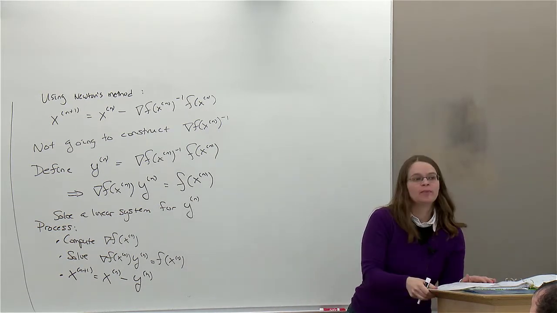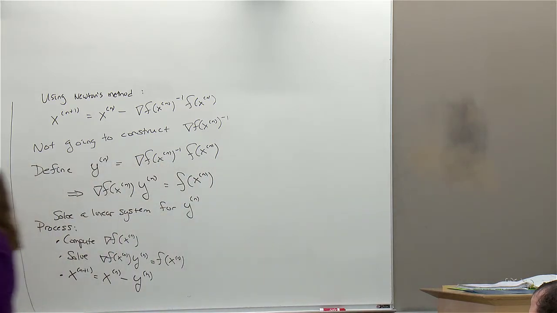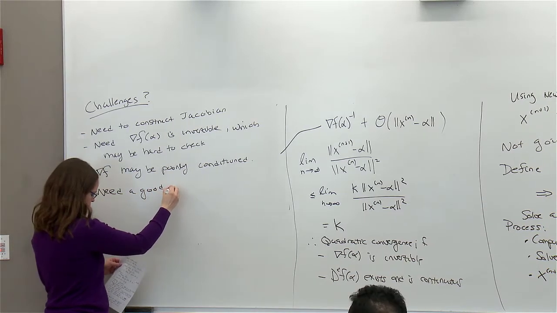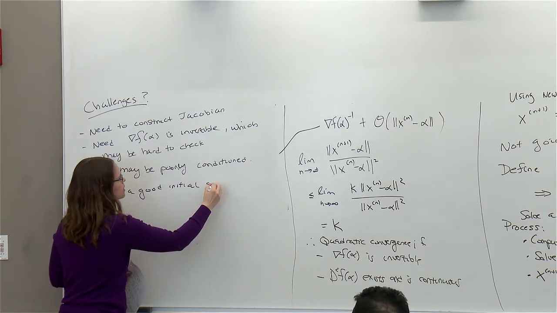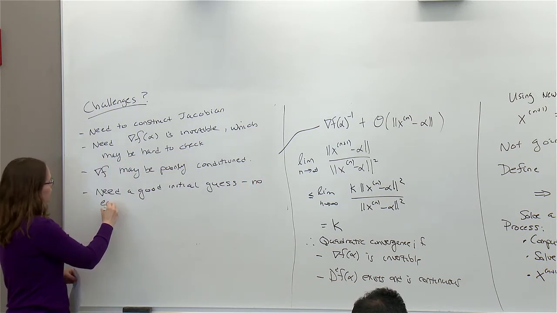That's harder here. There's no easy bisection method for nonlinear solvers. So this is actually a huge issue: how do we come up with an initial guess? And there's no easy method that works for every problem.